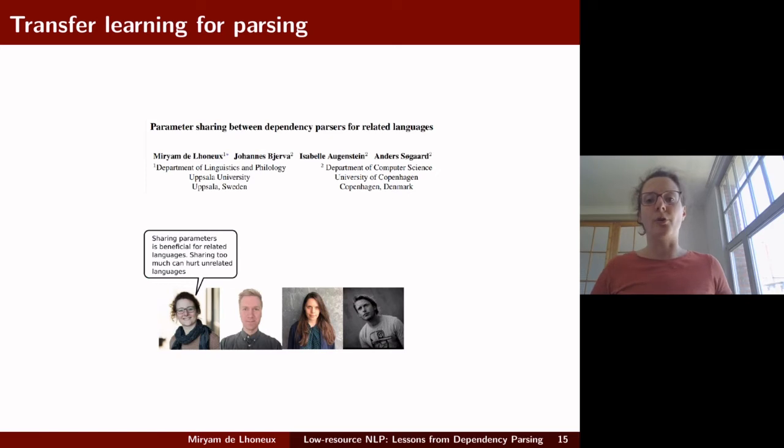Now, in our own work, we found that sharing the parameters of a neural network parser works really well for related languages, typically with or without this language representation. But if you share too much of this network and train a parser on a pair of unrelated languages, then it can hurt parsing performance.